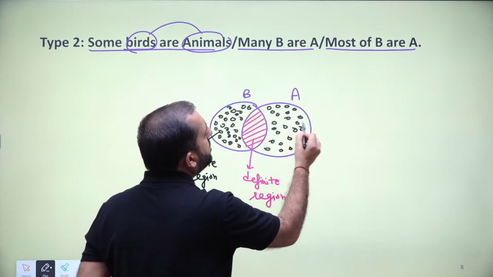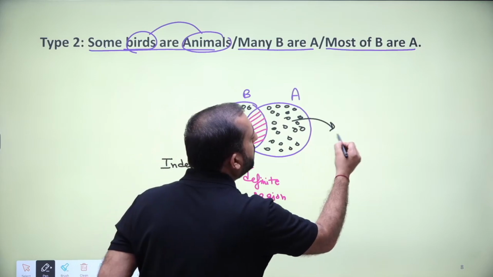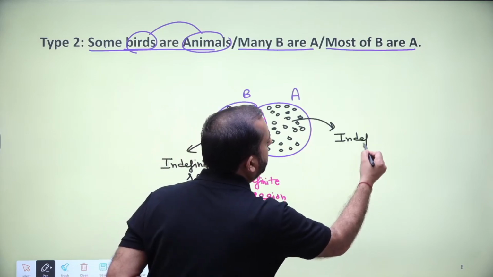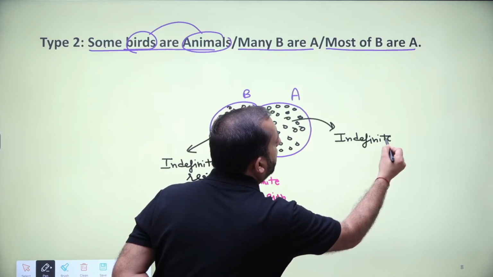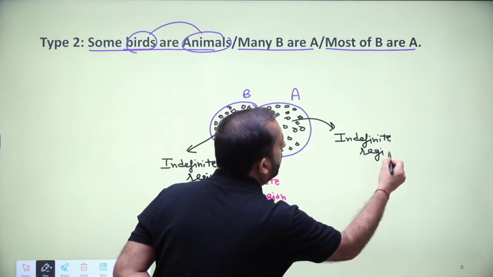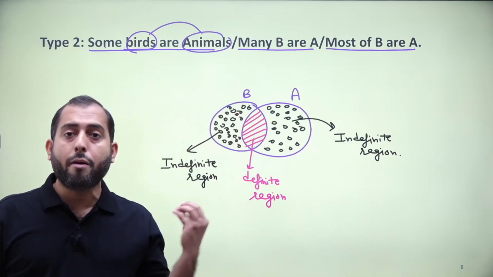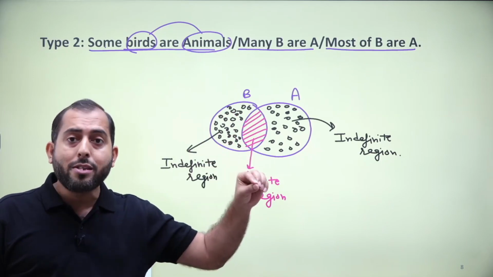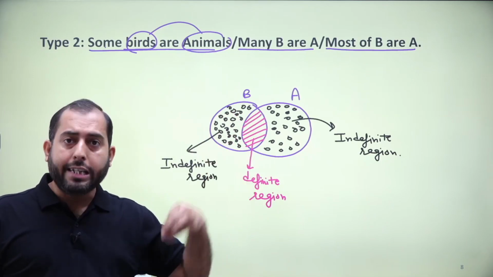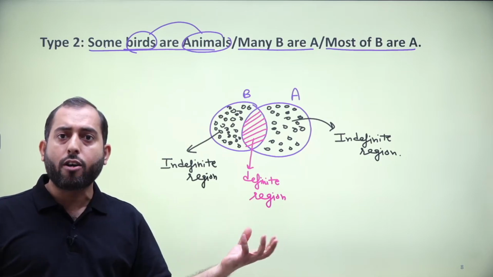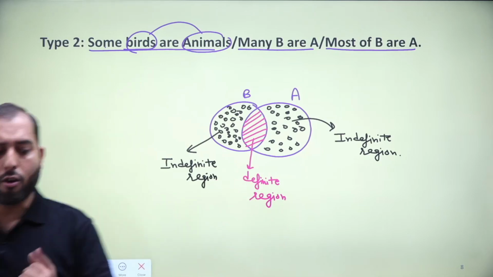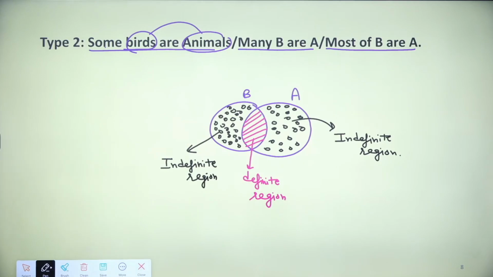That is why this remaining part of animal will be called the indefinite region. So you should know how to draw the minimum overlapping diagram, and along with that you should know the definite and indefinite regions of that particular diagram. Kindly draw. Let's move on.